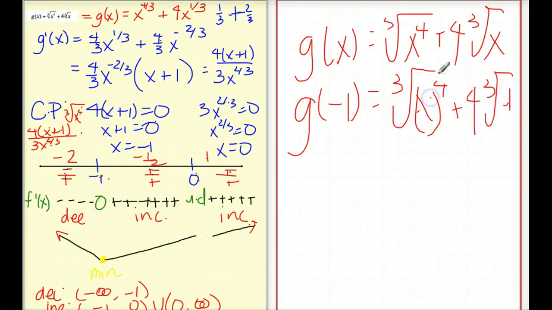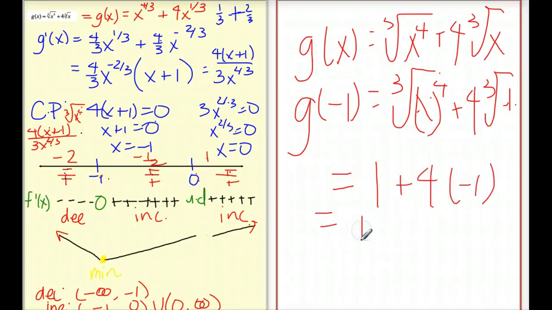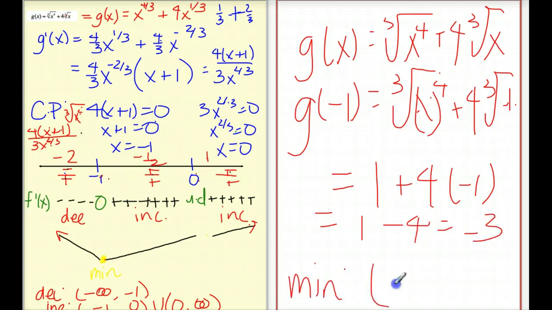This is to the 4th power, so I know that will give me 1. This is the negative cube root, so that gives me plus 4 times -1, and that will give me 1 minus 4, which is equal to -3. So my minimum is at (-1, -3). Good.